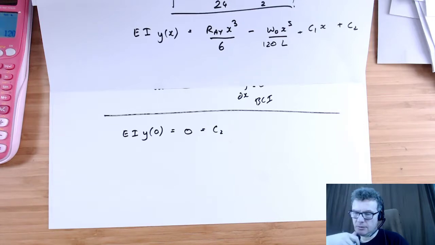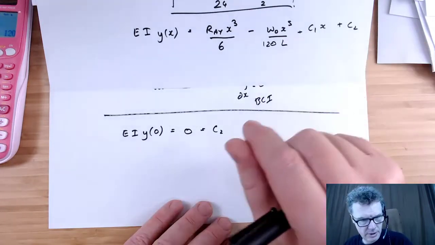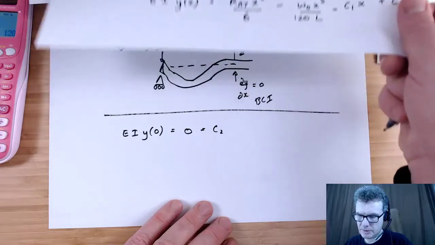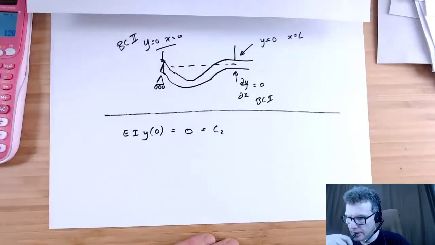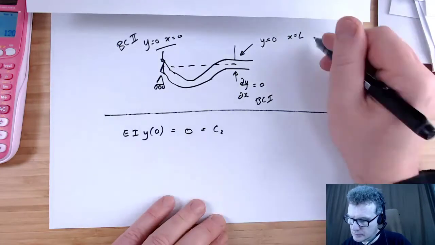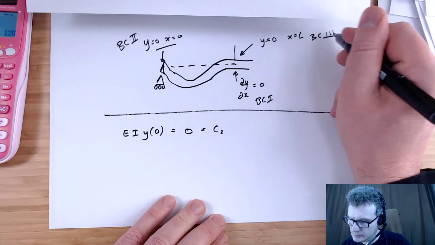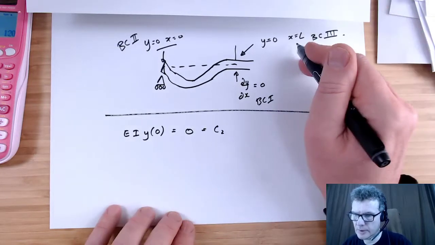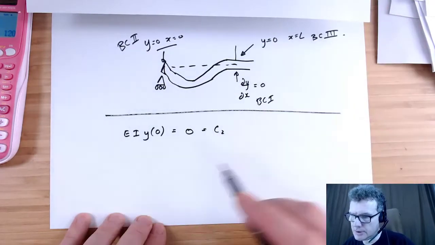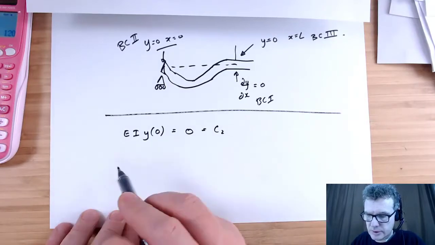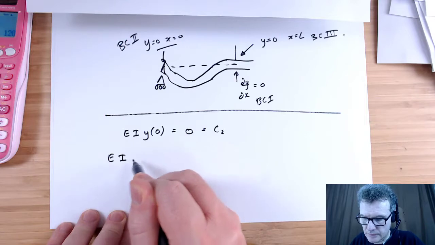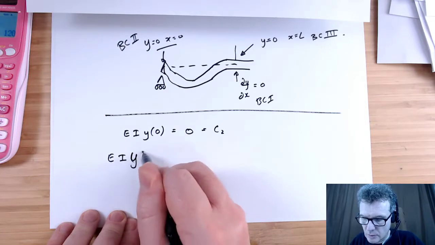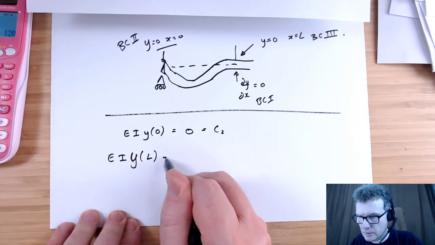Yeah, the only thing I've got left really I can think of is to apply the boundary condition 3, this one up here, and then go back and substitute my original equations. So we've got EI y when x equals L.